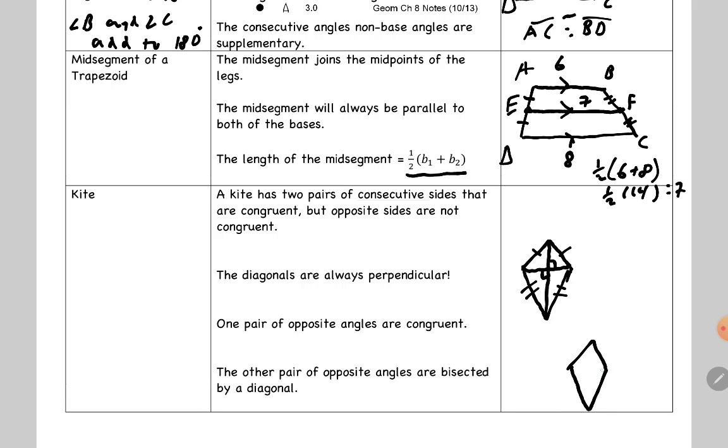I don't know which pair, but they're opposite of each other. So I could say those 2 angles are congruent. And then the other pair of opposite angles are bisected by a diagonal. So these are split in half.